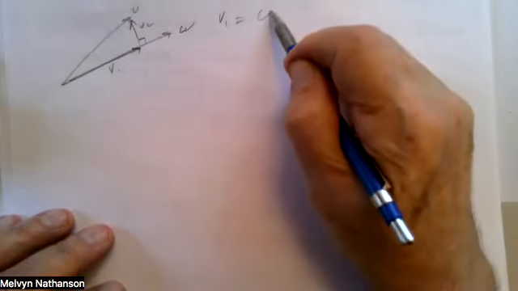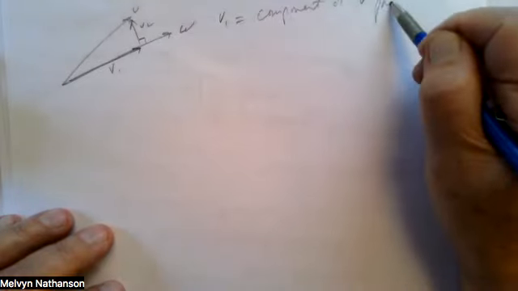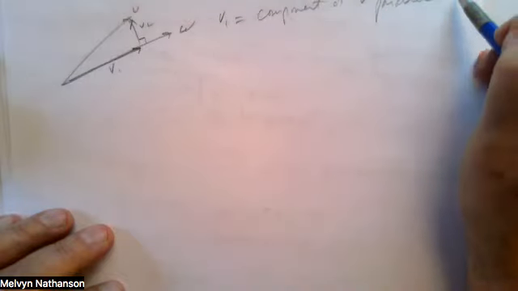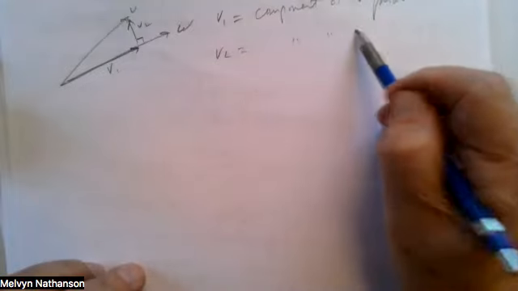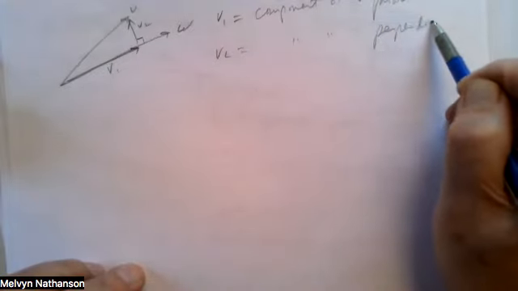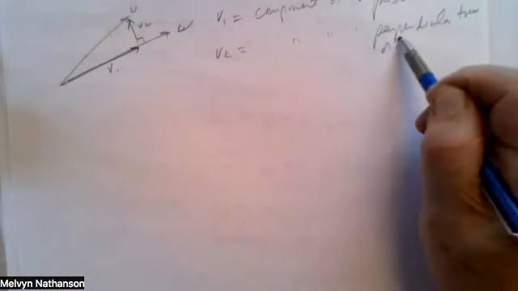V1 is called the component of V parallel to W. And V2 is the component of V perpendicular to W, or orthogonal, or a third synonym is normal. So there's a unique perpendicular or normal or orthogonal component of any non-zero vector with respect to another in an inner product space.